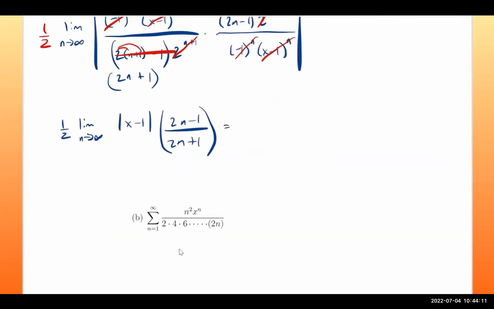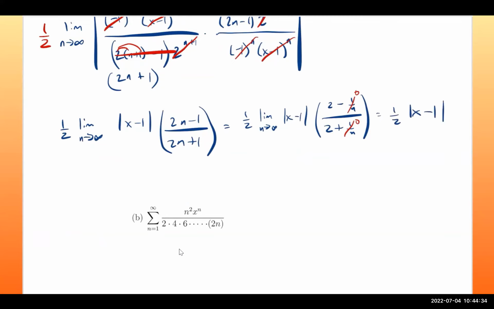And that can be rewritten as 2 minus 1 over n, over 2 plus 1 over n, and these terms go to 0. And 2 divided by 2 is 1, so that clearly is just equal to 1/2 absolute value of x minus 1.